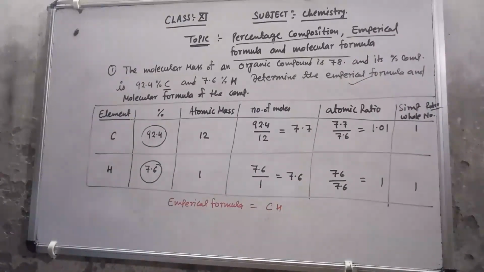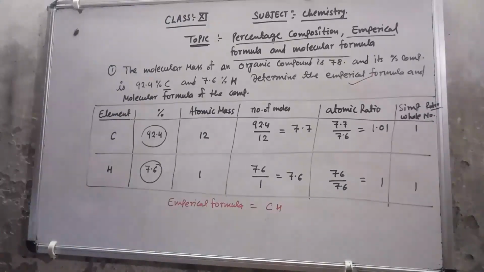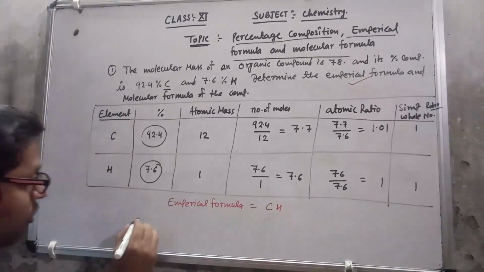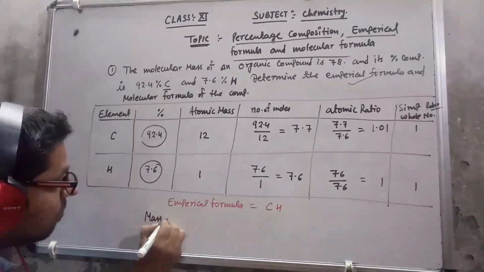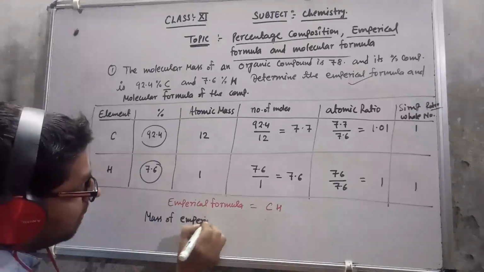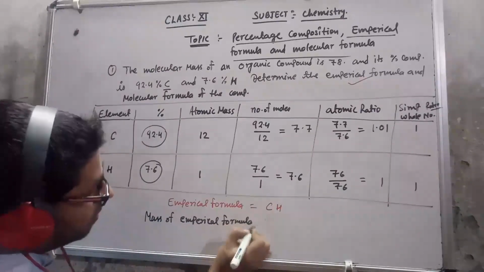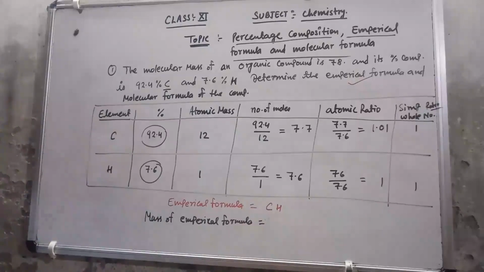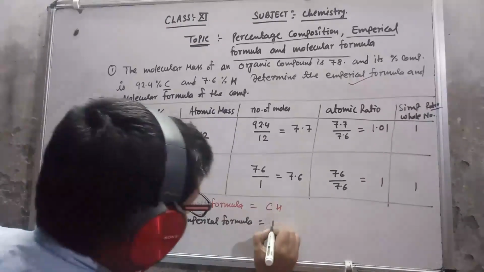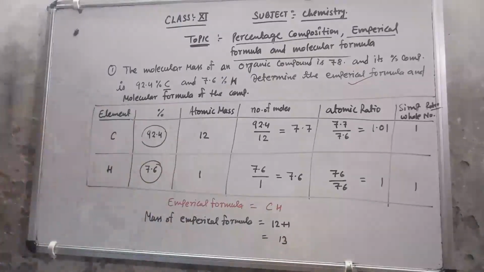To find the molecular formula we need the mass of the empirical formula. The mass of carbon is 12, hydrogen is 1, so this is coming 13.